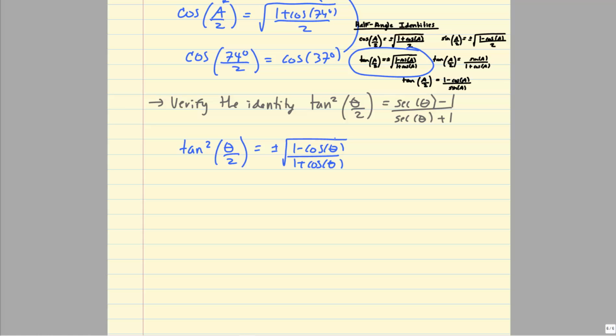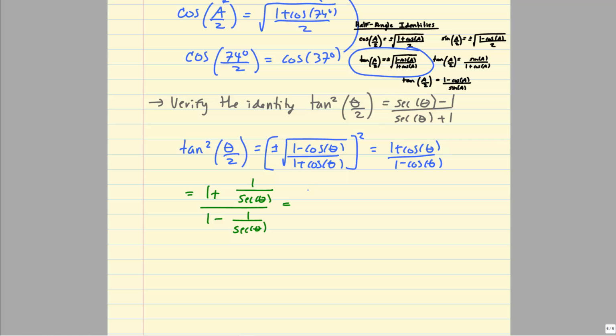So what we can do next is square this, because this is tangent squared. This is just tangent. And so now I need to square that. So I'm left with 1 minus the cosine of theta over 1 plus the cosine of theta. Now remember our reciprocal identity, cosine of theta is 1 over secant theta. And then I could find a common denominator here.